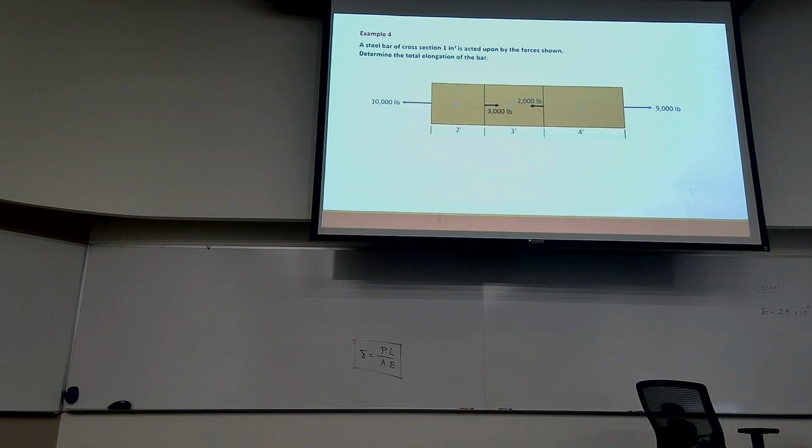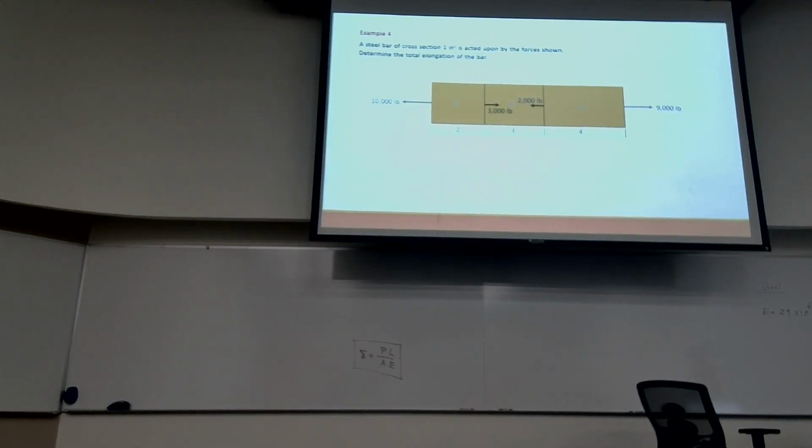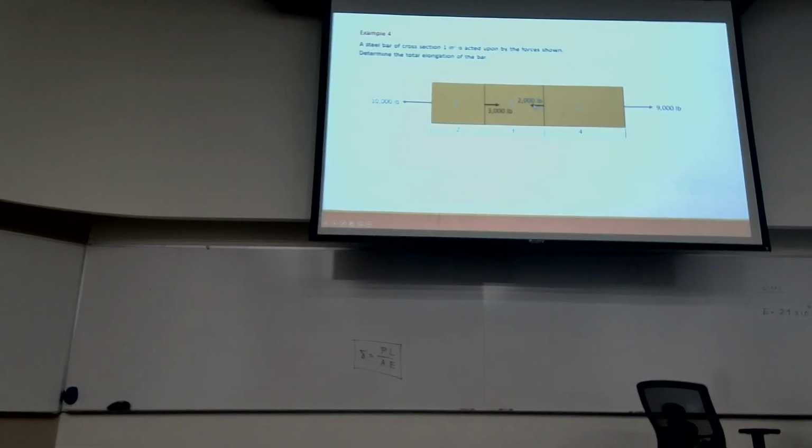Now here's a problem which is a little bit more complicated. We have a rod shown here in the figure, and we are applying a 10,000 pound force at this point to the left, 3,000 pounds to the right here, a leftward force of 2,000 pounds, and this is 9,000 pounds.